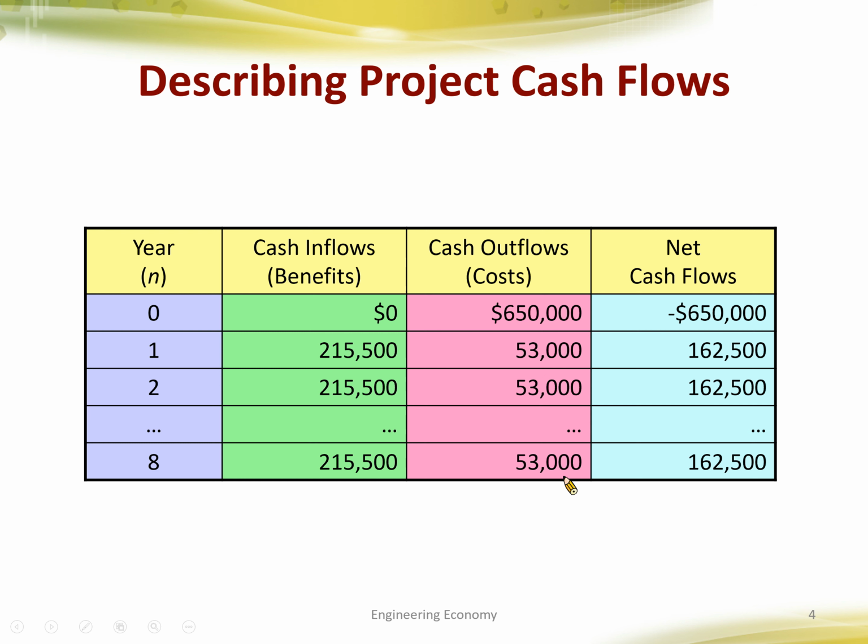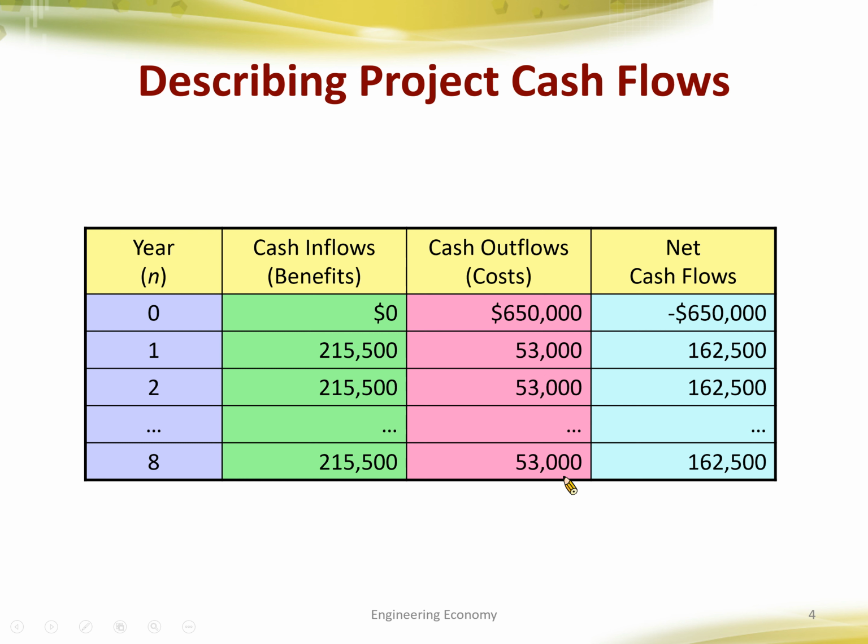So if you subtract them for every period or every year, then you will see net cash flow. You will subtract cost from benefit. So benefit minus cost, you get net cash flow. When it is minus, it means that cost is higher than benefit. When it is plus, it means benefit is more than cost.